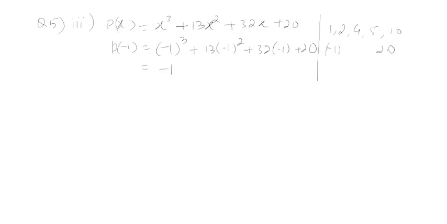Minus 1 square is plus 1. Plus 1 into 13 is 13. Then minus 32 and plus 20, right? So you can see minus 1 and minus 32 give you minus 33, and 13 and 20 give you plus 33. So what do you get here? You get here 0.